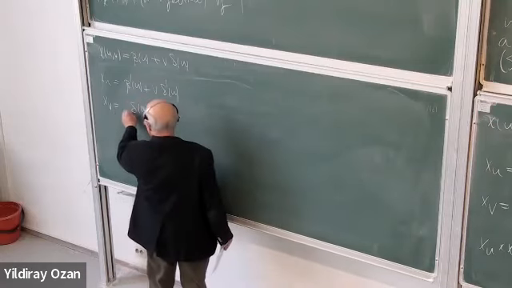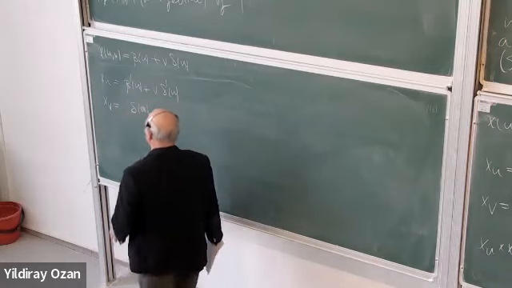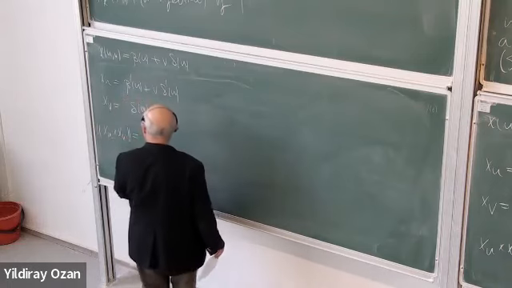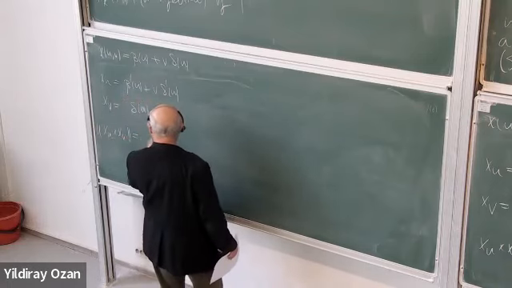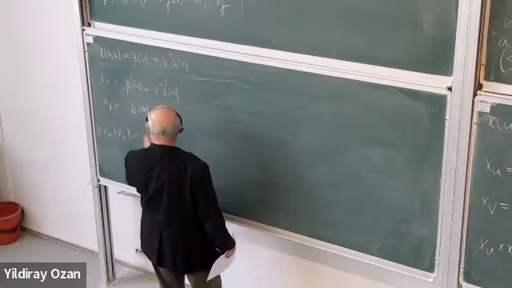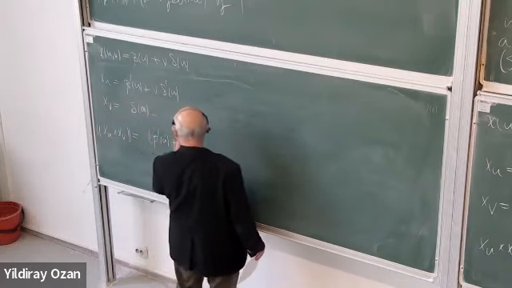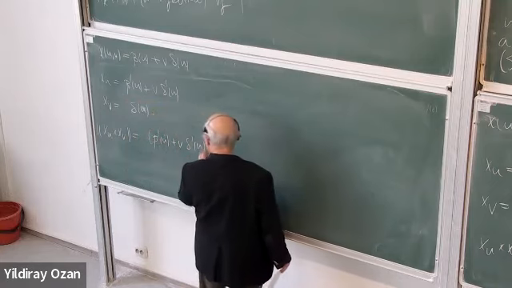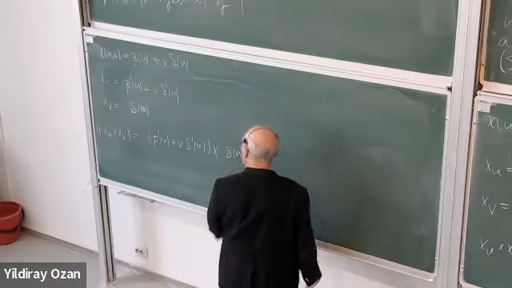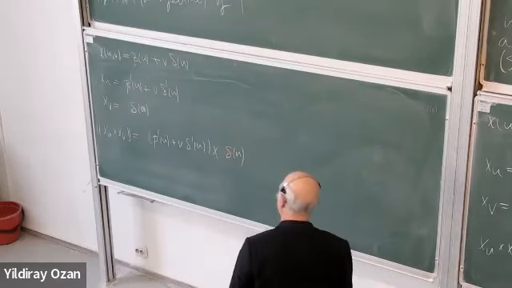Okay. These are just two vectors. So what is x sub u cross x sub v? It is just beta prime of u plus v times delta prime of u, cross delta of u. Okay.